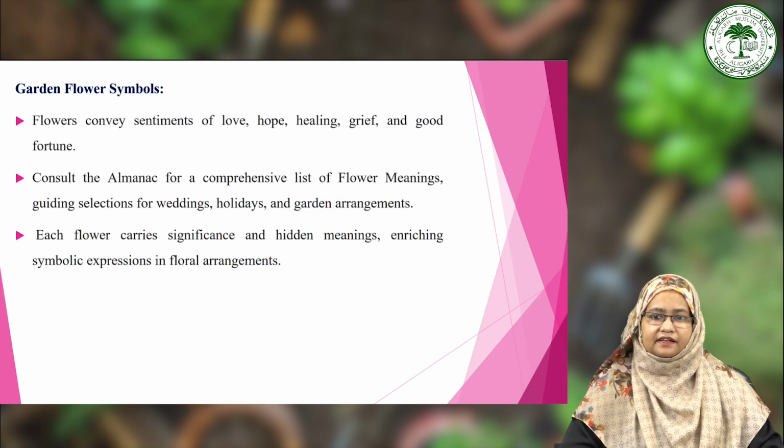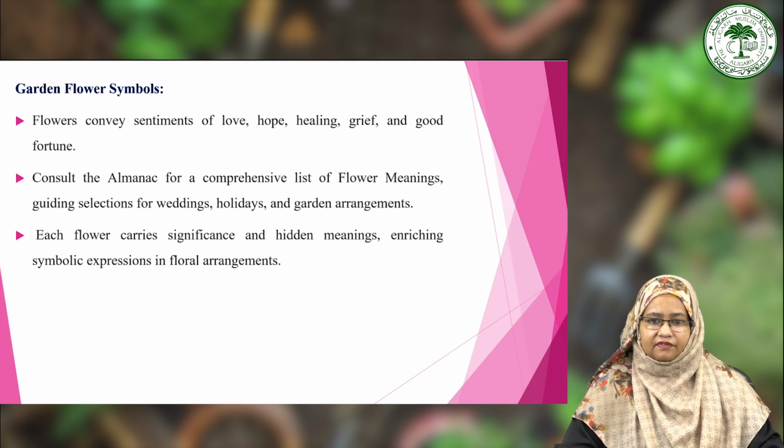Then understanding the language of flowers can add depth and symbolism to various occasions such as weddings, holidays or even garden arrangements. Different flowers are associated with diverse emotions and meanings. For instance, some flowers symbolize love, hope, healing and grief or good fortune. Consulting the almanac can provide a comprehensive list of flower meanings, helping you communicate emotions effectively through your floral choices.